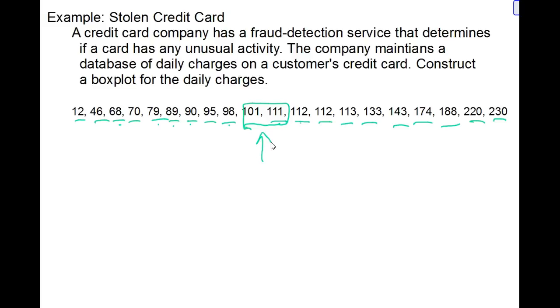Q2 is going to be here between these two numbers. So I'm going to take 101 plus 111 divided by 2. So Q2 will be 106.